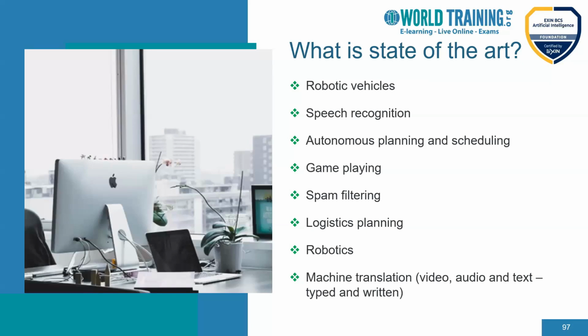So your agents should be able to carry out any kind of planning or any kind of scheduling of functioning based on the kind of inputs which it receives. It is expected that if any agent is part of any scenario planning, they should be able to carry out those game planning activities as well. So that is again one of the typical state of the art examples of an AI agent.